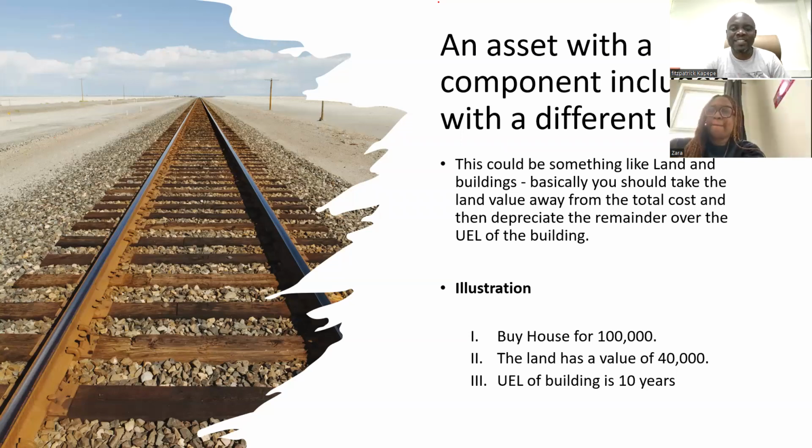So specialized properties will be revalued to their depreciated replacement cost. So you know for sure that, okay, this particular asset that we have, if I was to replace this same asset, how much would I actually spend?